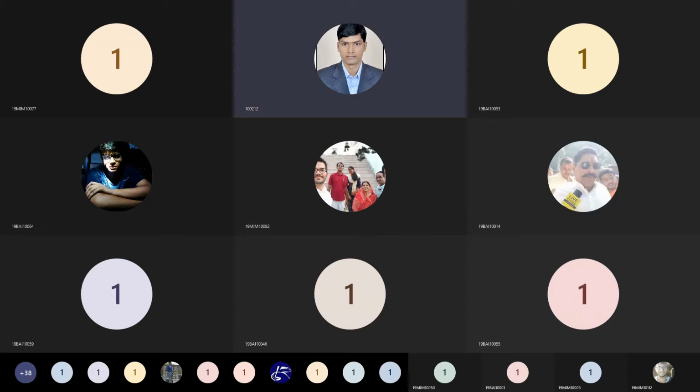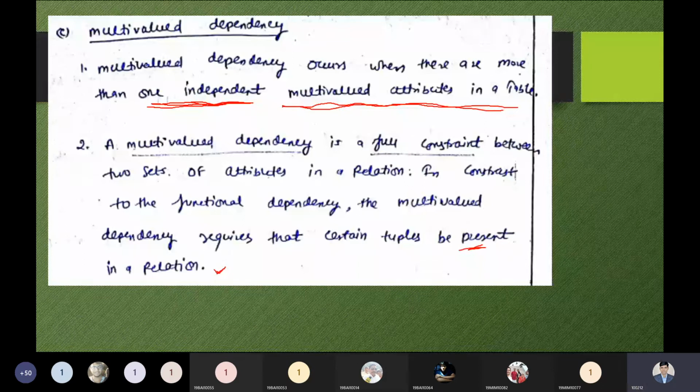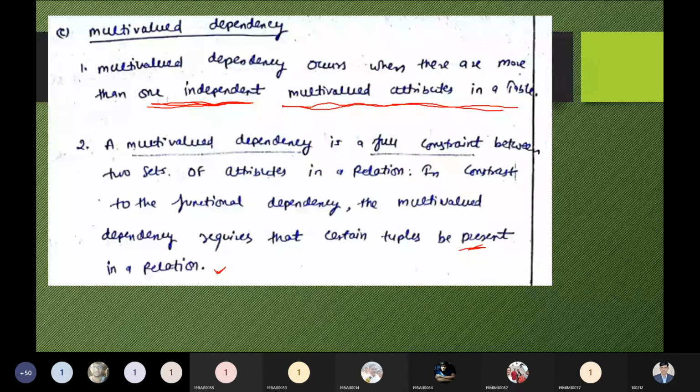Let me reshare, I'm sharing once again. Let me know if it is visible to all or not. Yes, it is visible to all, about the multi-valued dependency. Yes, sir, now it's visible.